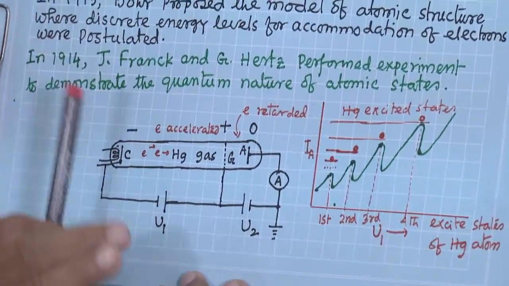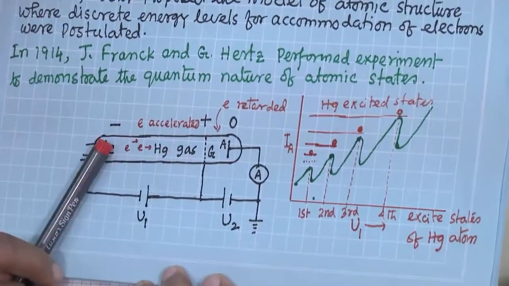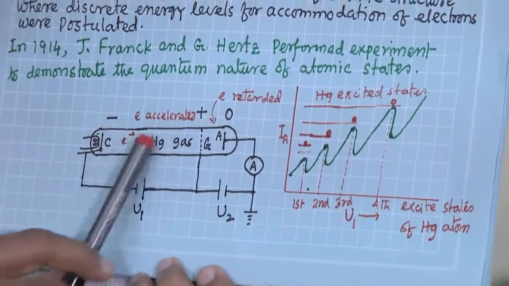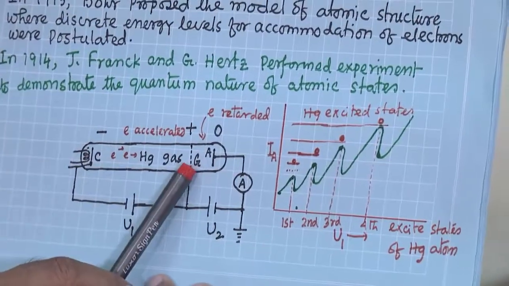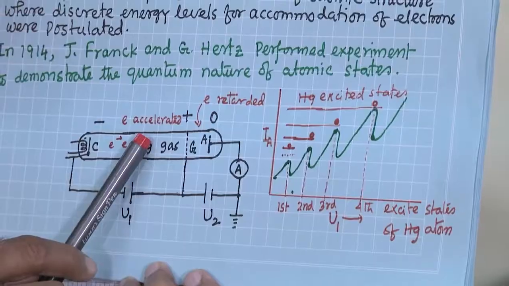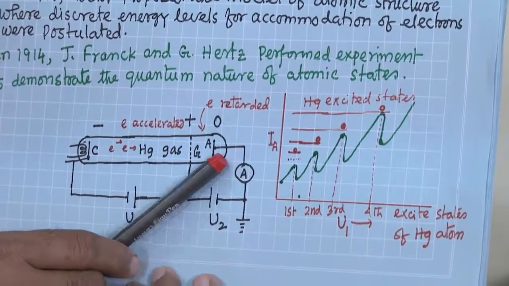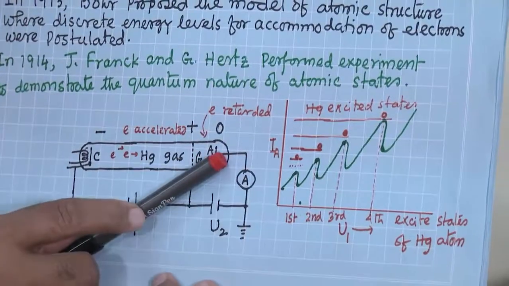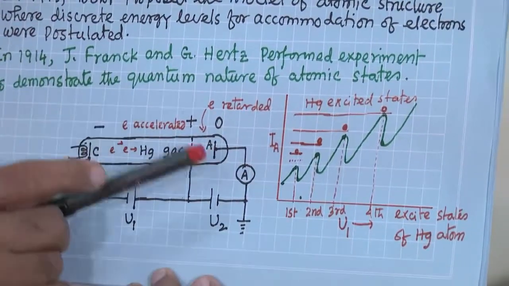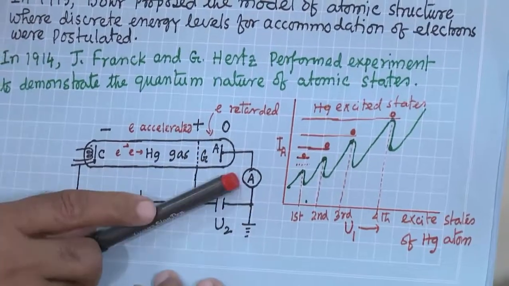For this experiment we give a small retarding potential, so that with the thermal energy the electron emitted from here will not be able to reach the anode initially. So we will not get any anode current.